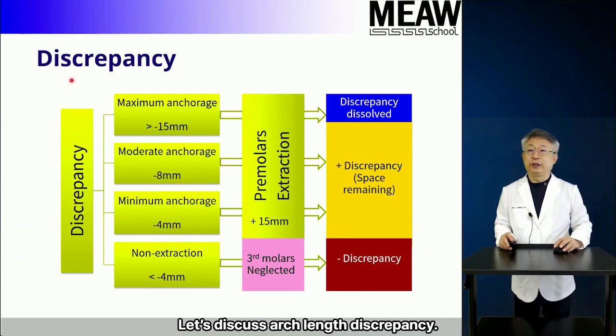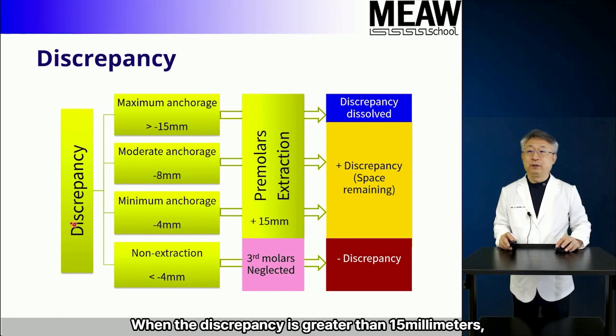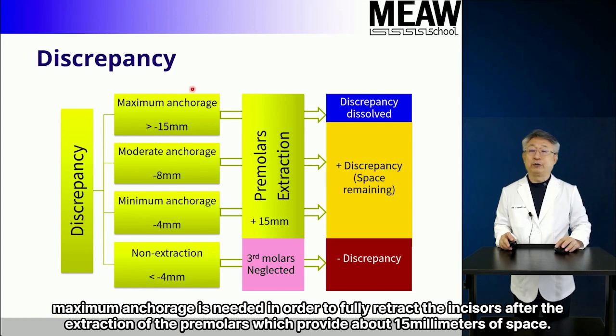Let's discuss arch length discrepancy. When the discrepancy is greater than 50 mm, maximum anchorage is needed in order to fully retract the incisors after the extraction of the premolars, which provide about 50 mm of space.